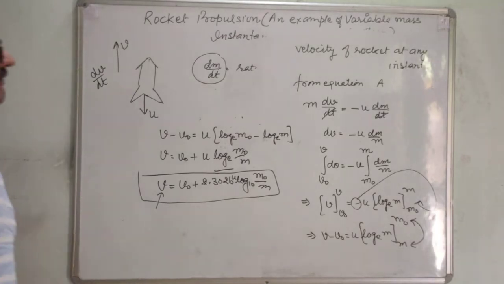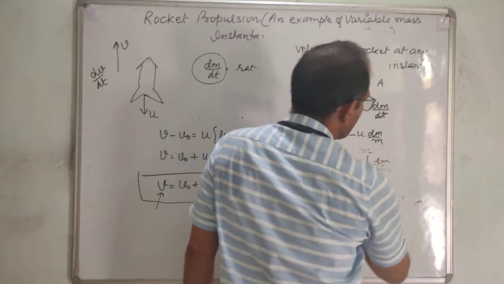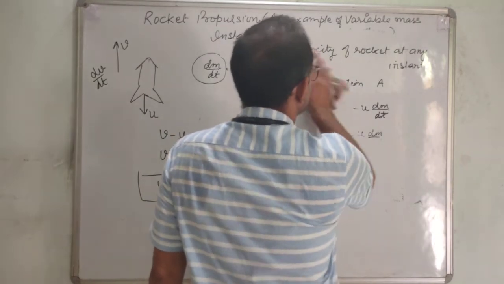Now, what is the burnt out velocity of the rocket? What do you mean by burnt out velocity?